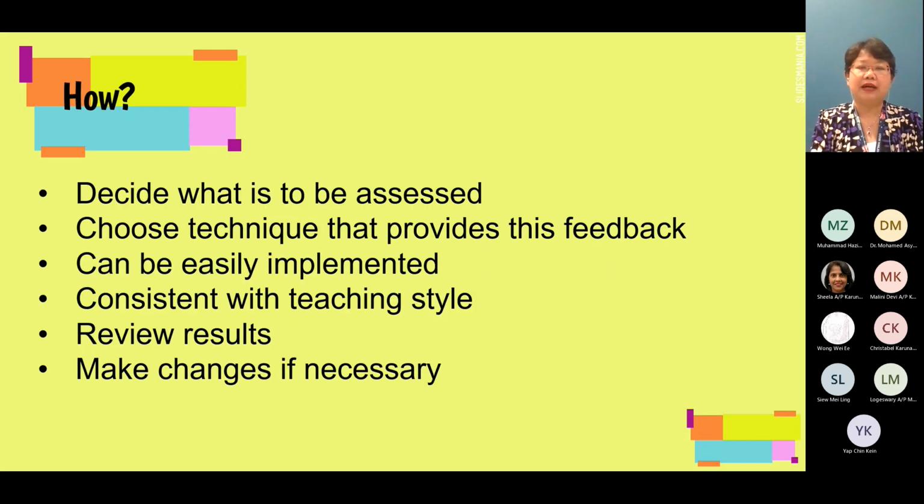All right, so basically, for what type of assessment, we need to decide what is to be assessed first, and choose the technique that provides this feedback. If I want to assess in-text citation, what technique would be more suitable? Do they play a Kahoot game on that? It could be to a certain extent, but the ultimate way to assess whether they understood in-text citations is for them to do actual practice on in-text citation.